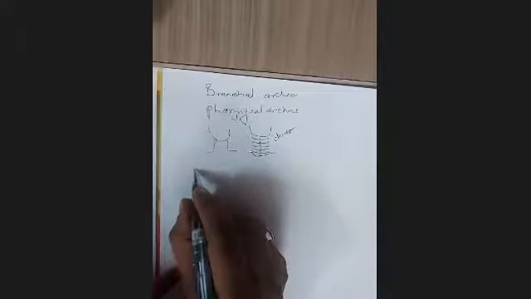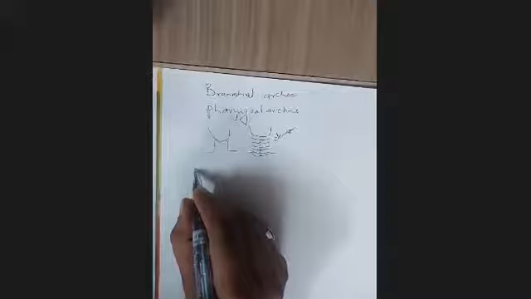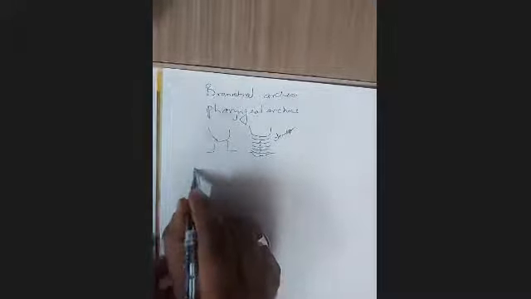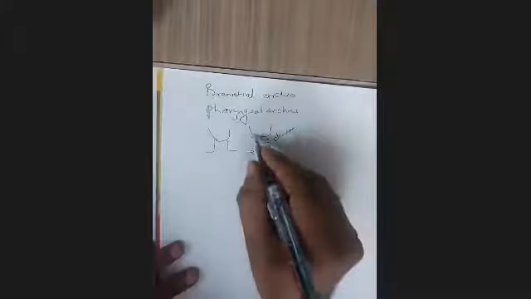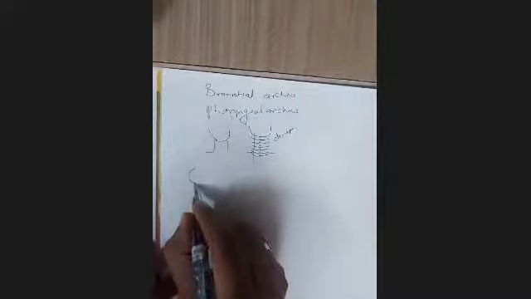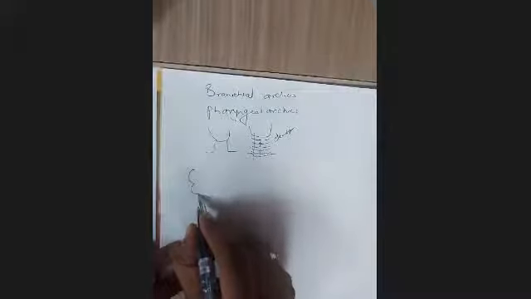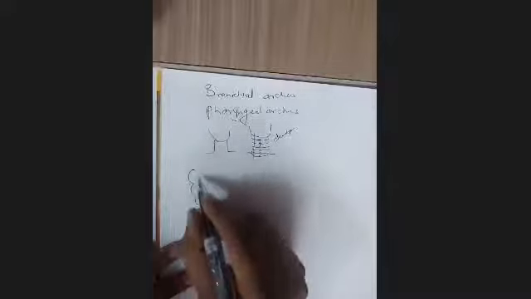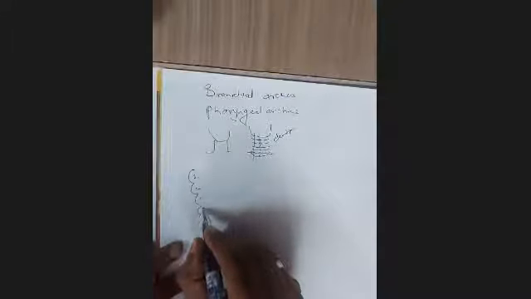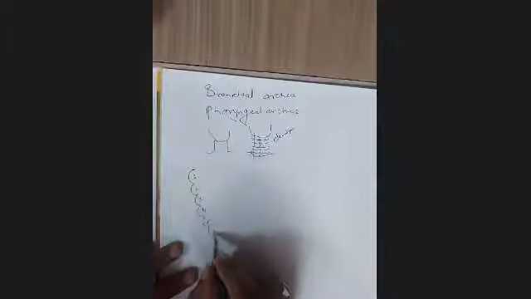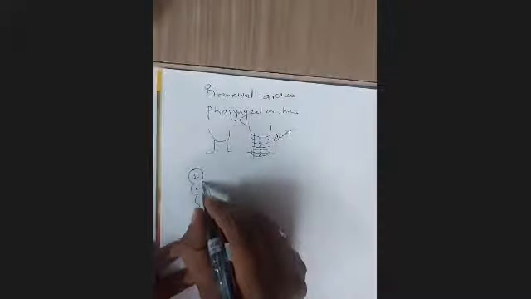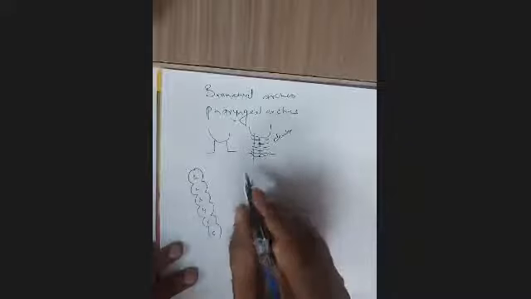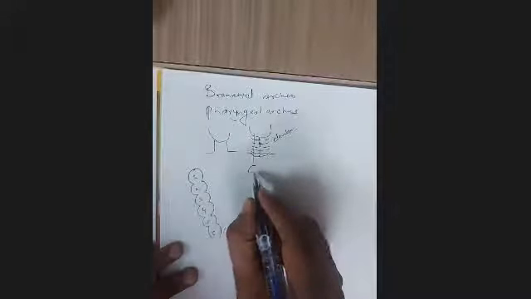Now each arch, if you see a cross section, the arches appear like this. These are the arches on one side, and these are the arches on the other side.